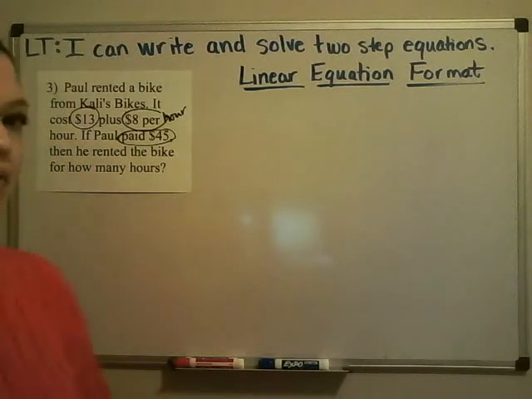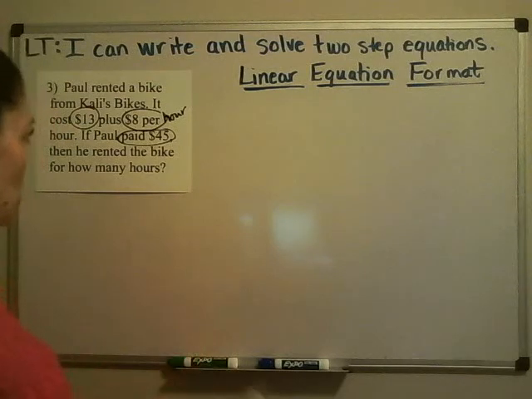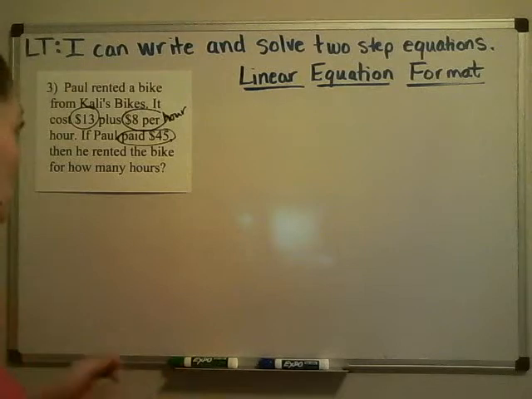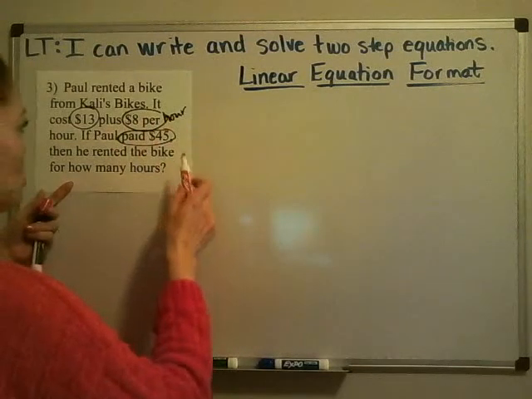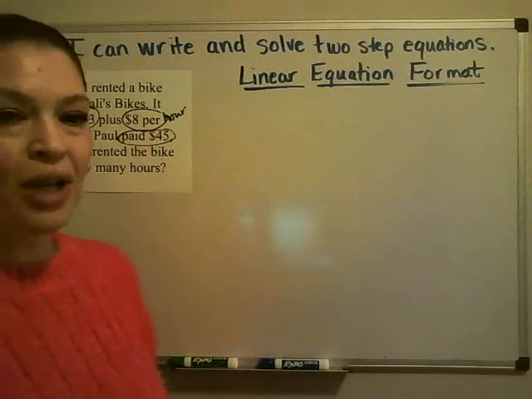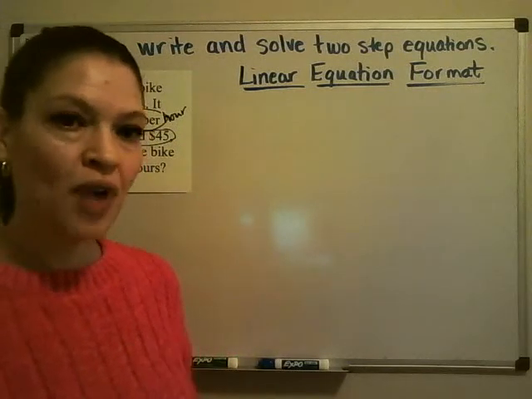Did you find a repeating value first? Okay, let's do that. Our repeating value is going to be $8 per hour because you might rent the bike for a half hour, so then you would use a fraction.